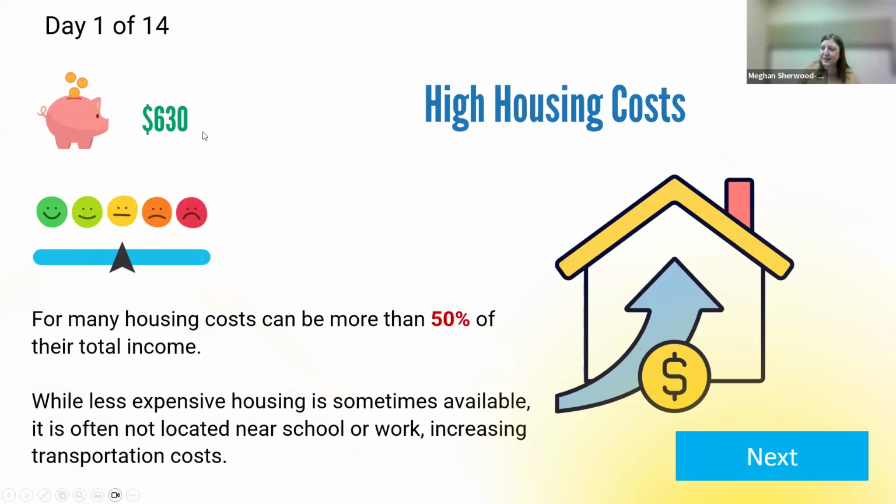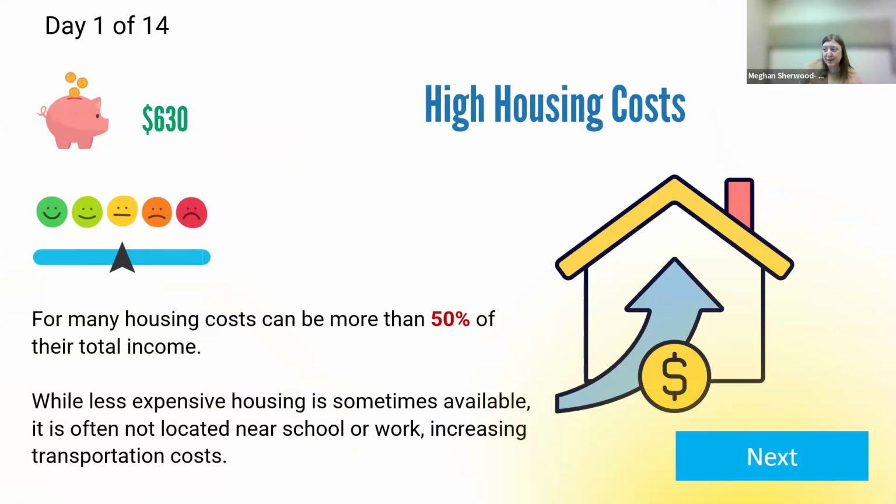As Josh mentioned, high housing costs have a really big impact on our ALICE families, on all of our families. For many individuals, housing costs can be more than 50% of their total income. A lot of rentals look for that to be 30% of your income, and often that's really unrealistic.